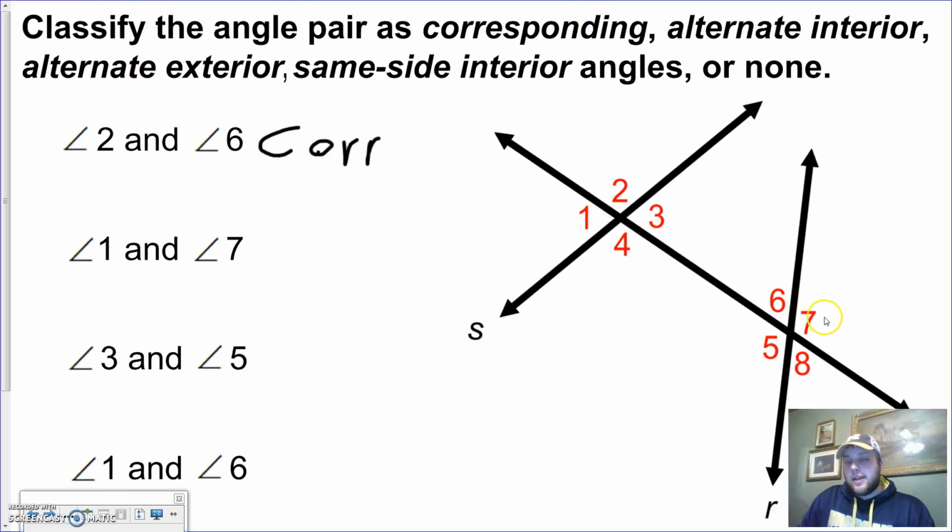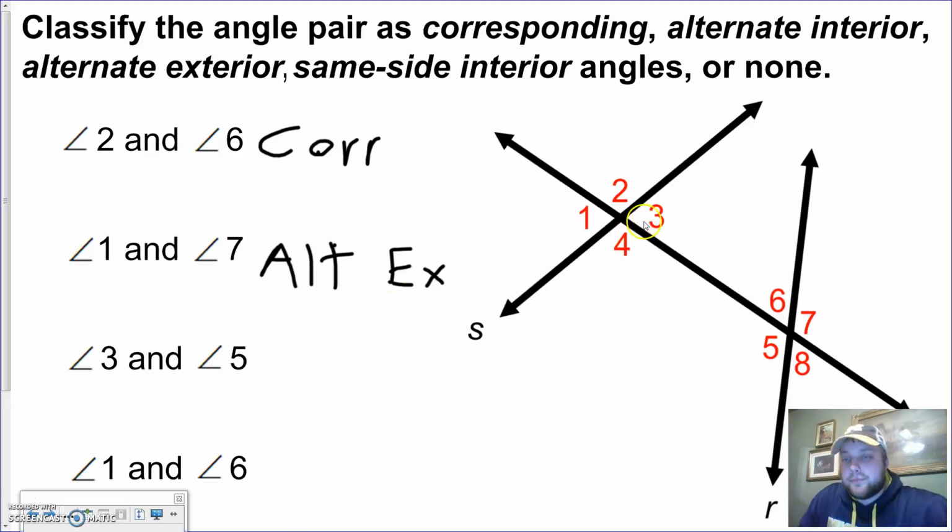And 1 and 7, they are on the outside. So I'm going to call this alternate, alt, X. How about that? It's not bad. Okay, alternate exterior.